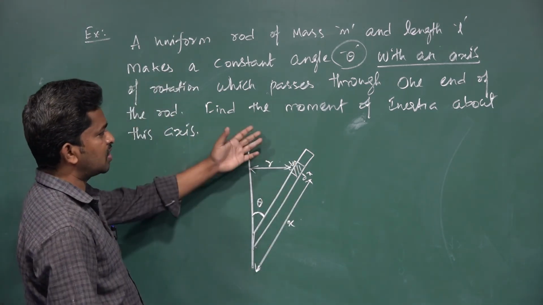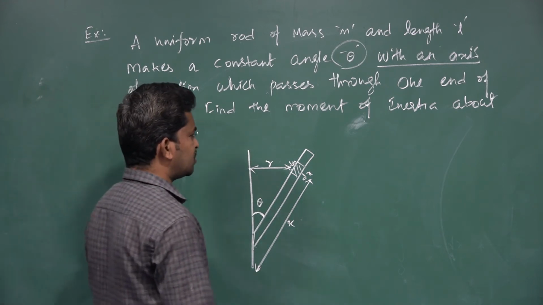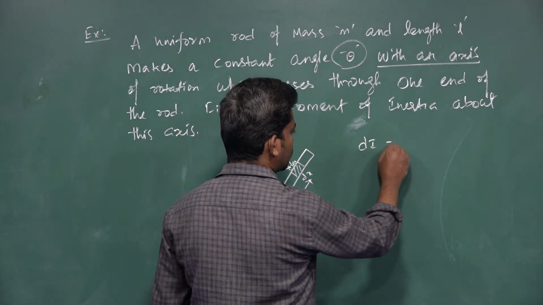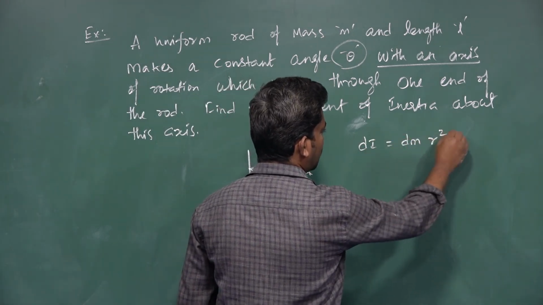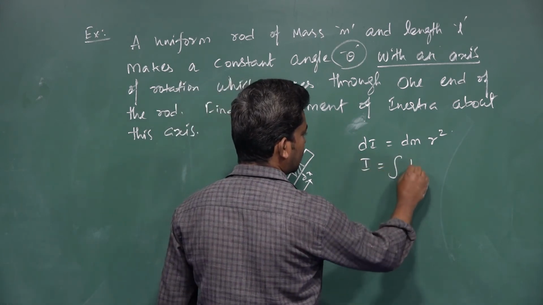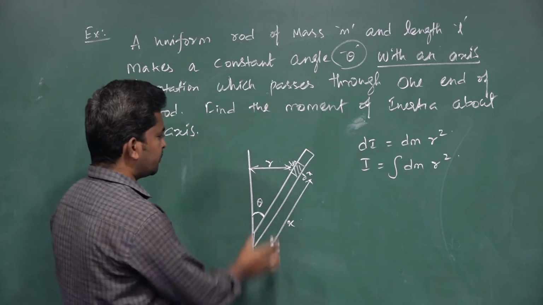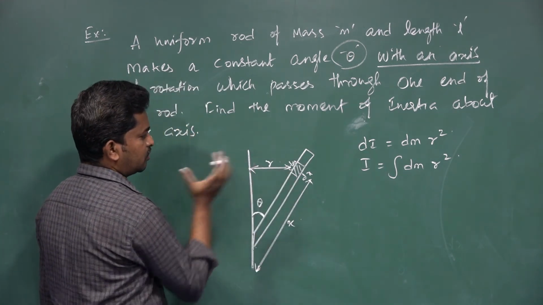Now, what is the moment of inertia about this axis? You know the general formula dI is equal to dm r square, so I is equal to the integral of dm r square. I want to calculate this r value.